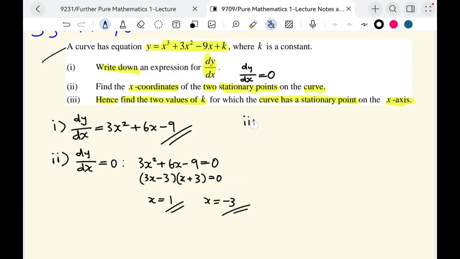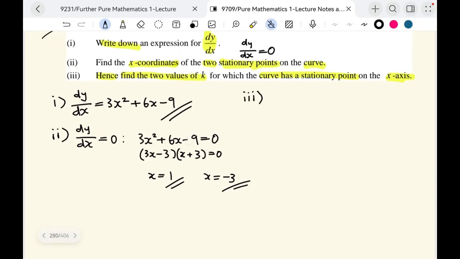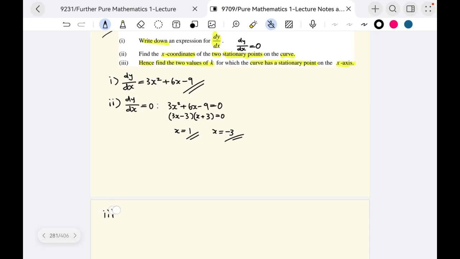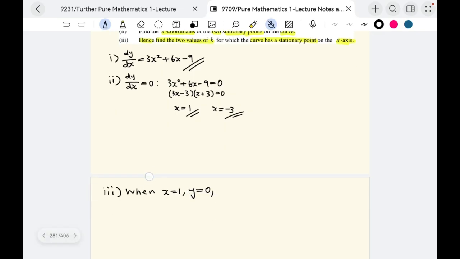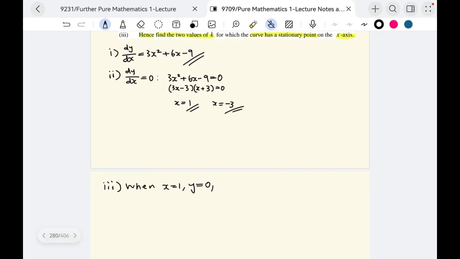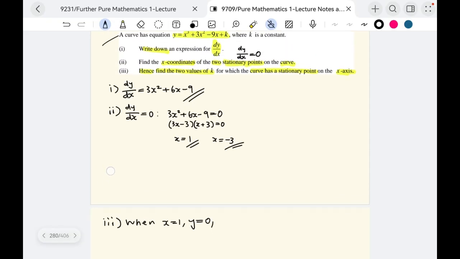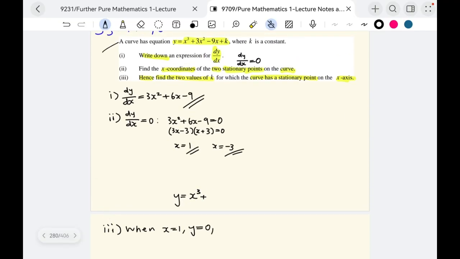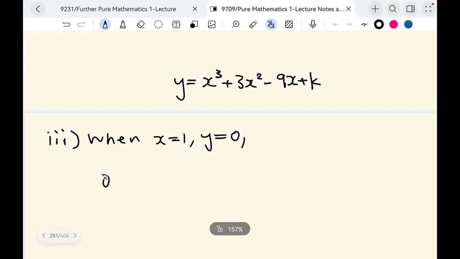So for the third part, when x equals 1, y equals 0. Okay? Use back the original curve equation, which is y equals x cubed plus 3x squared minus 9x plus k over here.